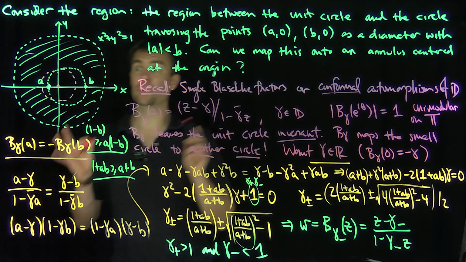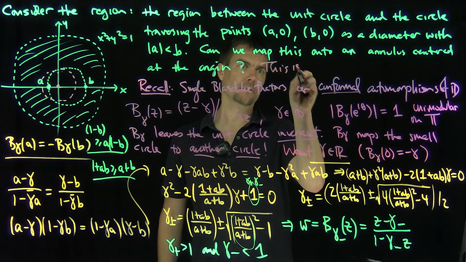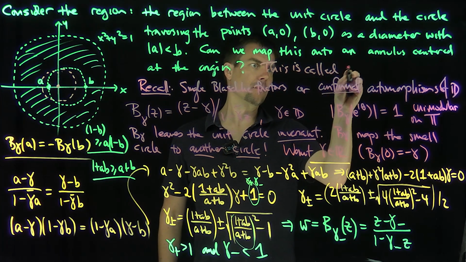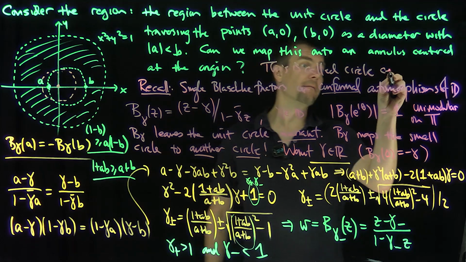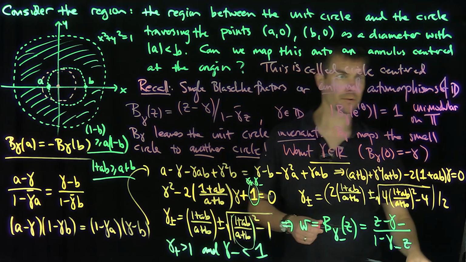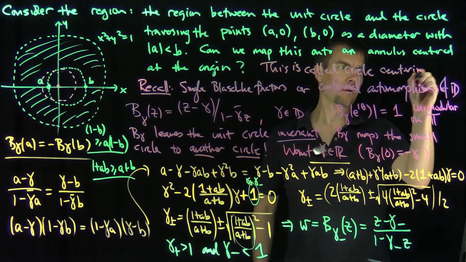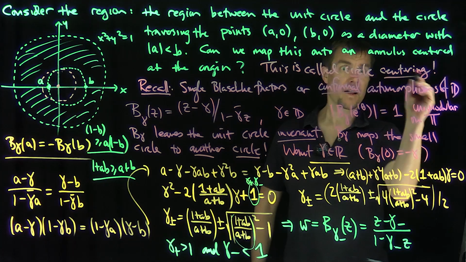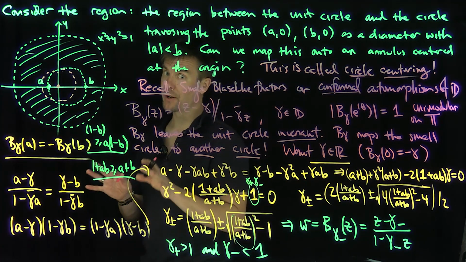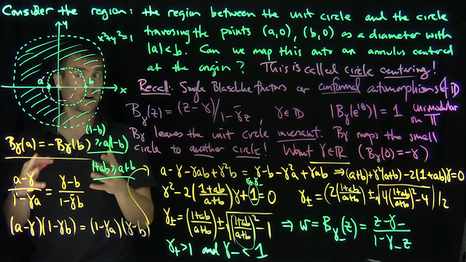This is called circle centering. It's a very useful conformal mapping trick for qualifying exams, one of the multitude of things that you need to figure out how to do.